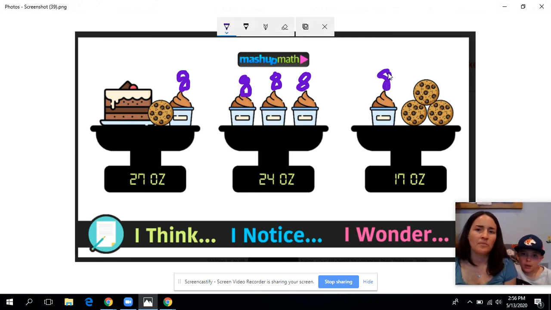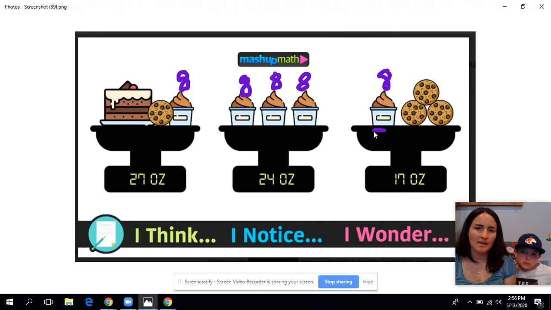Okay. And then I think those are all 3, because 3 times 3 equals 9, and 8 plus 9 is 17 ounces. All right, so since Patrick already had 8 on this scale, and we knew that the total was 17, he had to figure out 8 plus blank equals 17.